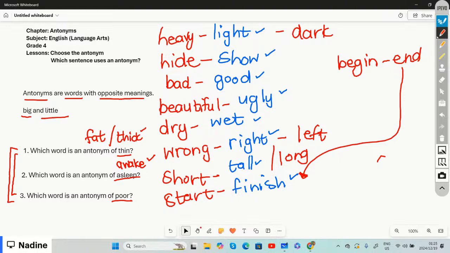Yes, and the opposite of poor, we can either say it is rich. It's either you're rich or you're poor, or we can say you are wealthy or poor. Because remember, rich and wealthy are synonyms. It means words with the same meaning or almost the same meaning. But the opposite of rich or wealthy is poor. So well done. You can either say rich or wealthy, because that is the antonym of poor.